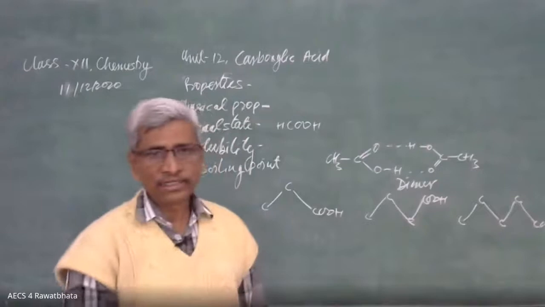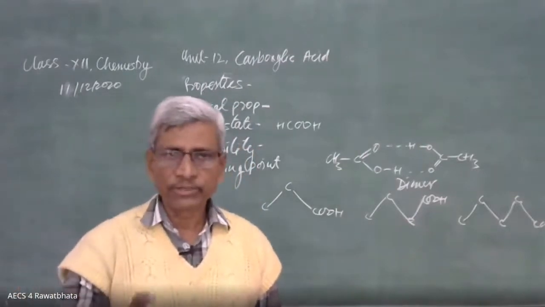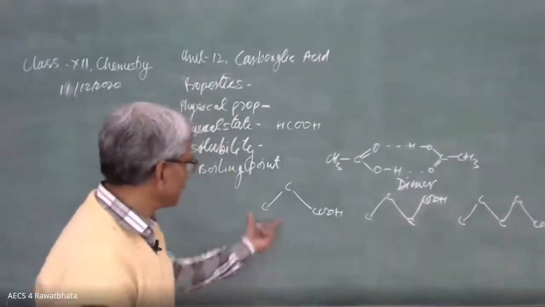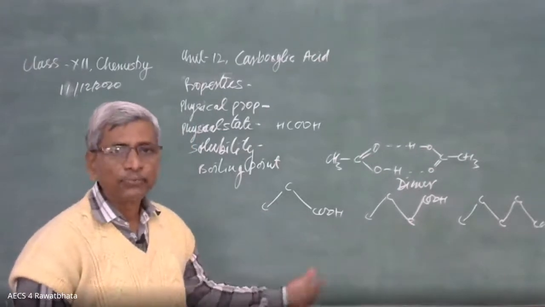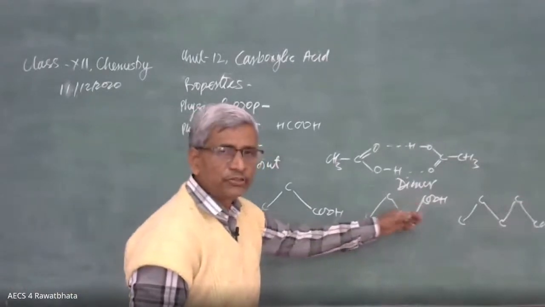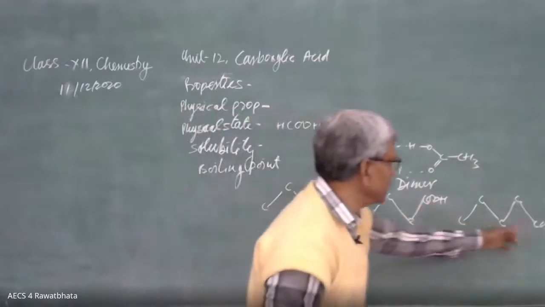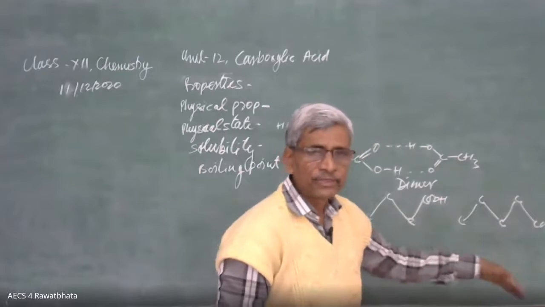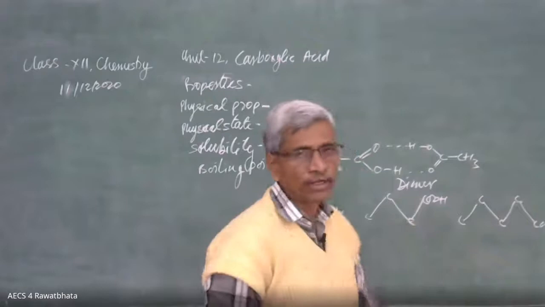In boiling point, this is in increasing order, but in melting point, it is not. That is because of the even and odd number of carbon atoms. Here, if the terminal carbons are on the same side, the crystal lattice is slightly poor. Here, the terminal carbon atoms are in opposite directions, so it forms a better crystal lattice. And here, these two terminal carbon atoms are on the same side. That's why its crystal lattice is not as strong as compared to this 4 carbon.